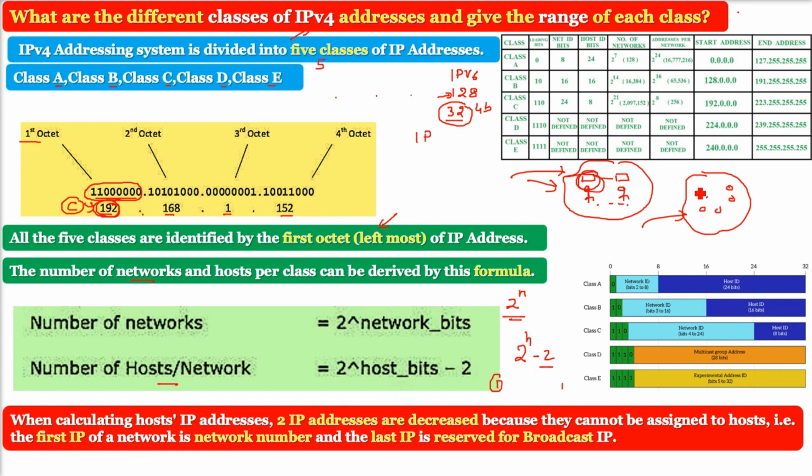That is, if you want to send a message or packet, it will go to everyone in the network. So the number of hosts will always be 2 less than 2 to the power of host bits. All these classes A to E depend on the first octet. What are the bits being specified? They cannot change. For example, class E is 1111 in the leftmost bits of the octet.